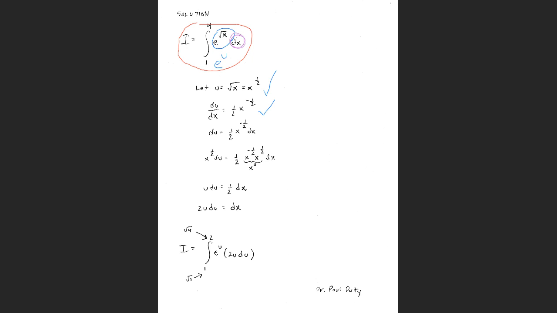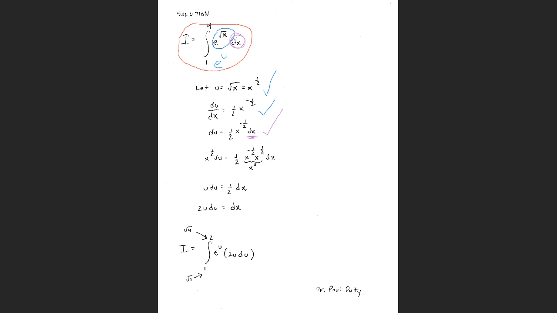I've got to write dx in terms of the variable u. I know that du is 1/2 times x to the negative 1/2 dx, and I want to get the dx alone.